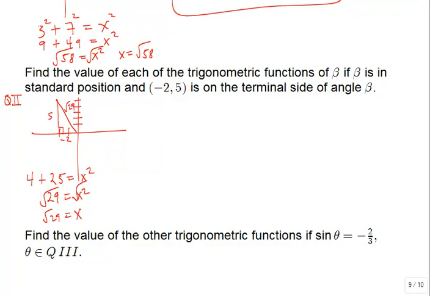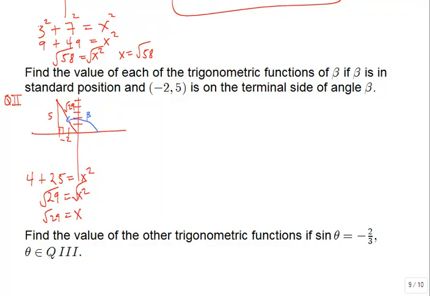Now technically, there is a slight issue here, but I want you to notice it. Technically, angle beta is from the positive x-axis to this terminal side over here. So this is actually our angle beta. But when we talked about unit circles, we talked about reference angles. And the reference angle here would be the angle that's closest to the x-axis from that terminal side ray.